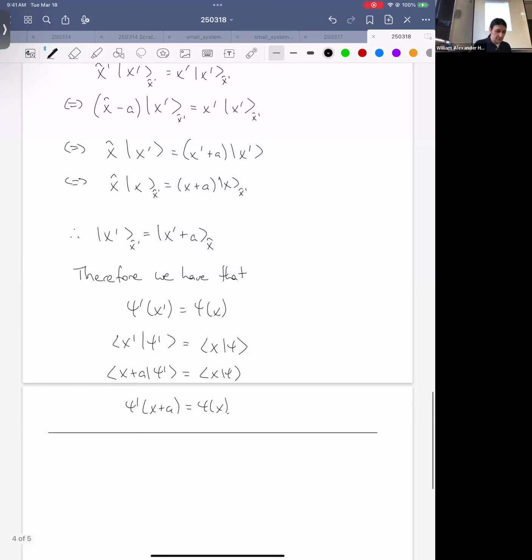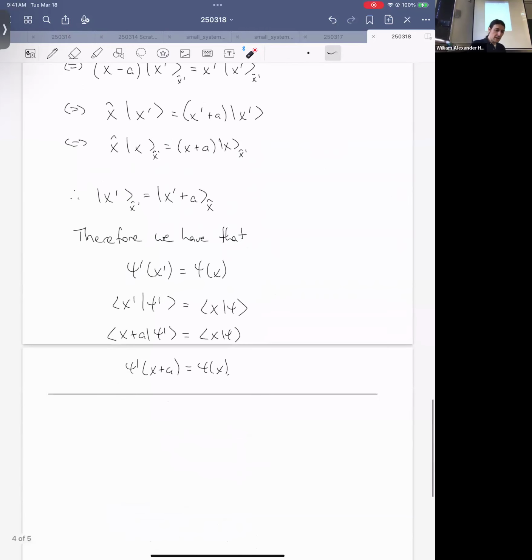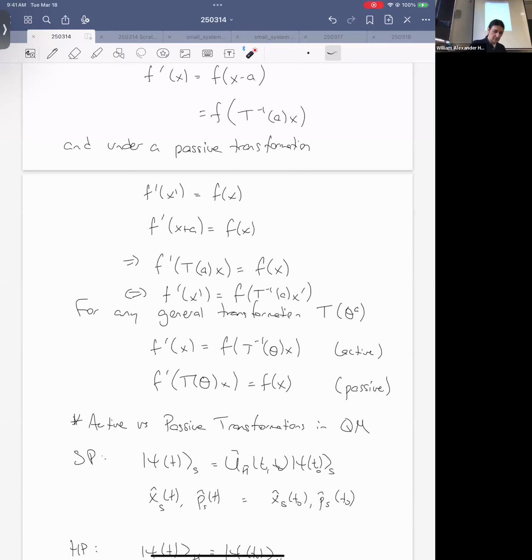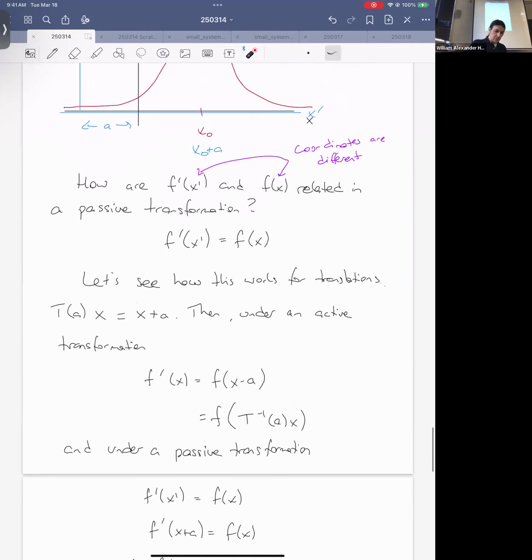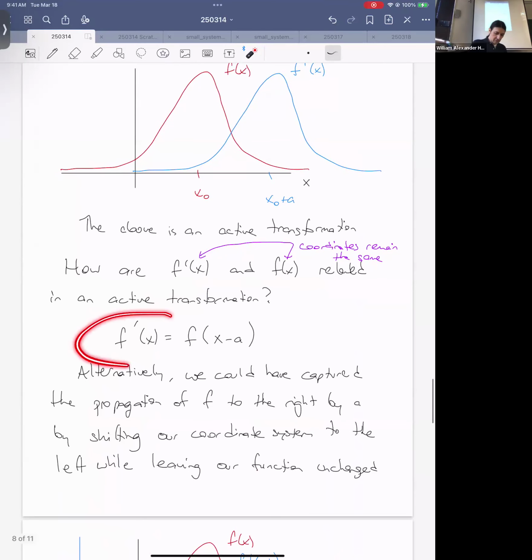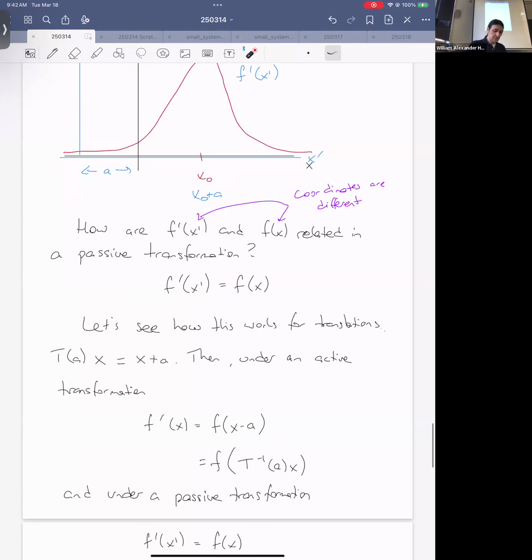Yeah, I'm sorry. What I was trying to do was make the connection back to what we did before with active and passive transformations. With the active transformation, we saw nicely that f prime of x equals f of x minus a. And we saw that that worked correctly in terms of our amplitude, right? That we got psi prime of x is equal to psi of x minus a. What I wanted to make a connection back to was that in my passive transformation, my f prime of x prime is equal to f of x.